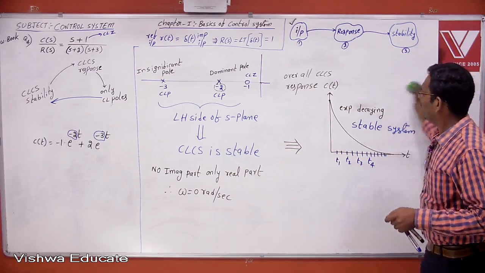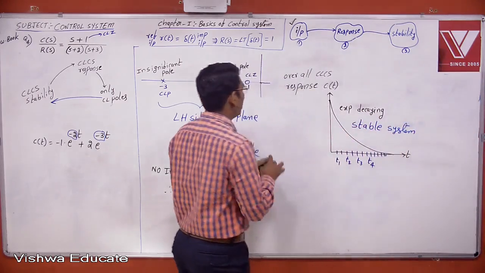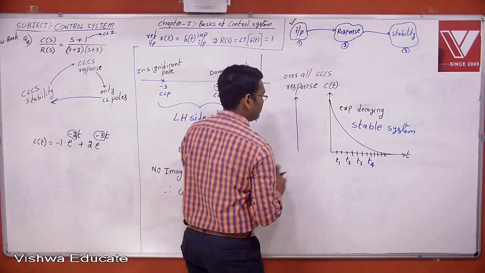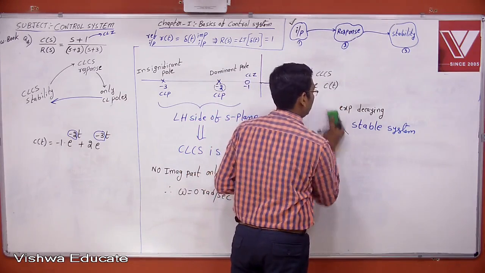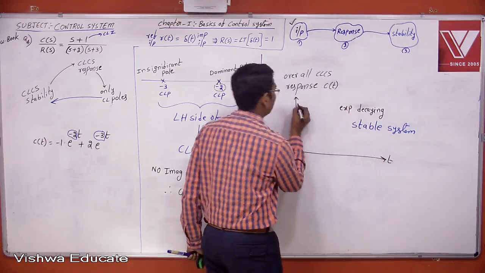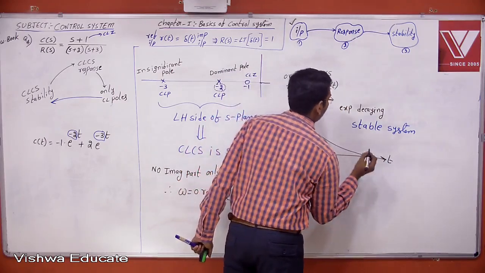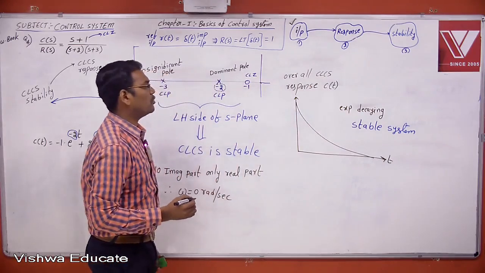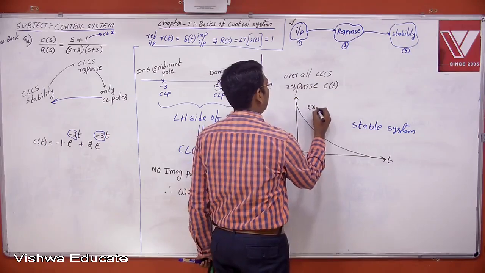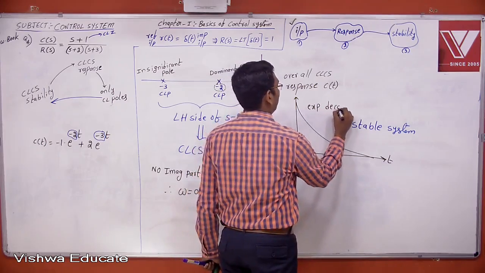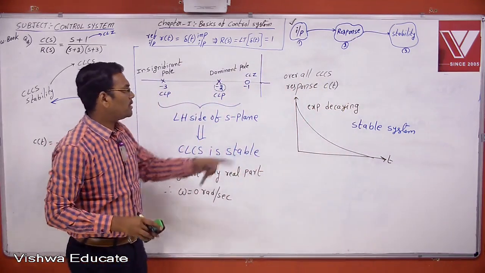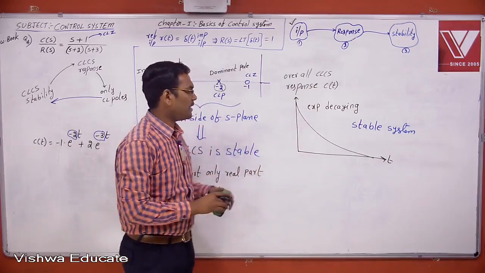Now you just compare. This is the overall closed loop control system response, which is exponentially decaying.